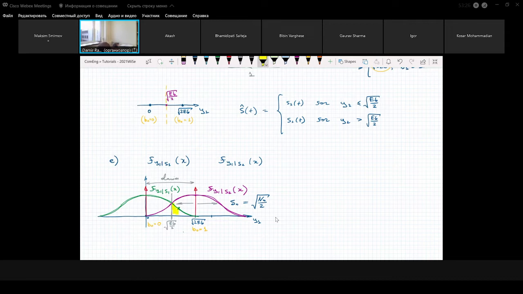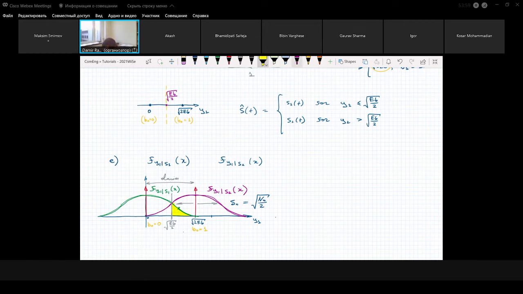For this, we can use the probability density function, and we need to calculate the integral under the curve after the threshold. This value will give us the probability of error when we transmit S1 but receive S2.